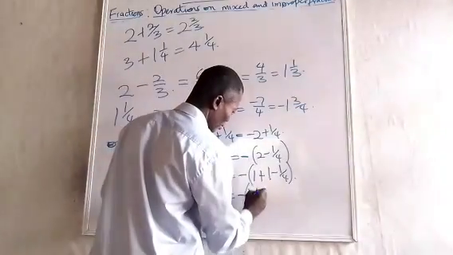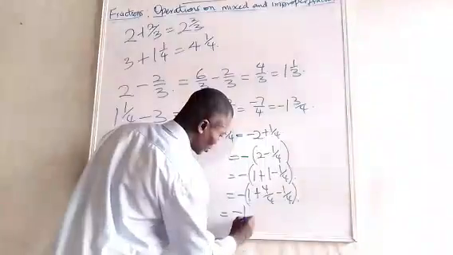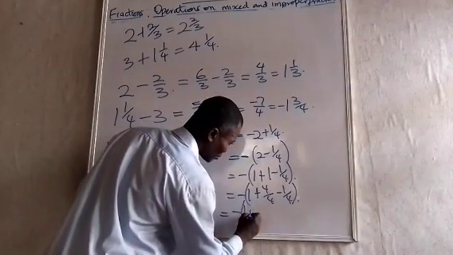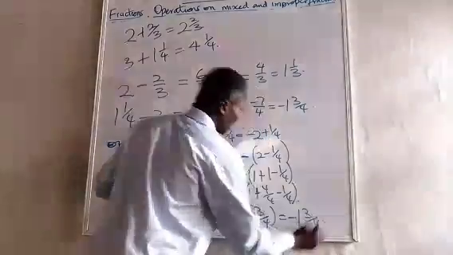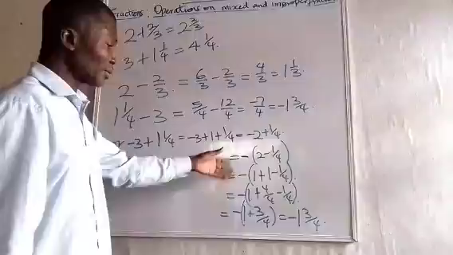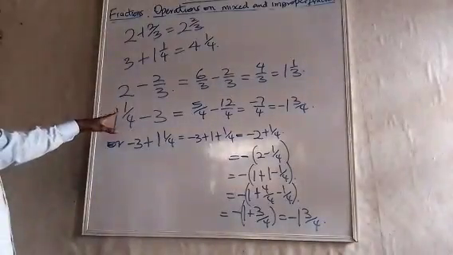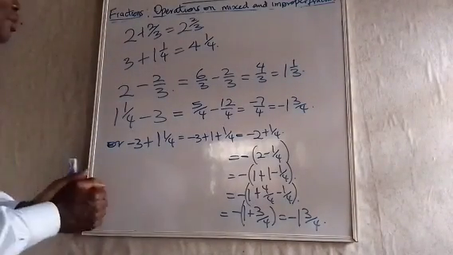Minus 1 plus 4 over 4 minus 1 over 4. Which is minus 1 plus 3 over 4, minus 1 over 4. So you can see, once you look at it over time, you can easily get the answer without even going through all the workings. So this is what I want you to look at. You can subtract whole numbers from fractions, fractions from whole numbers, anyhow you can do it.